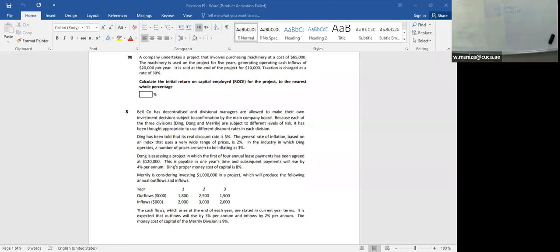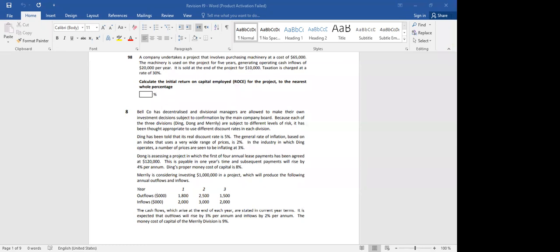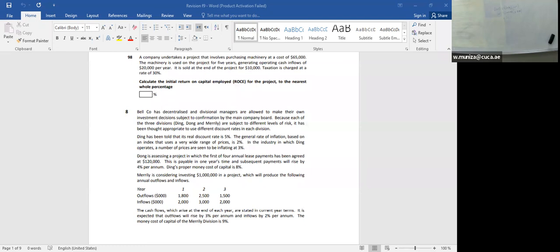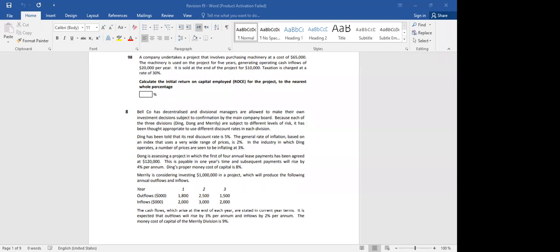But Angelica, they have given us the money cost of capital as 8%, and in the last line you can see that the cost of capital for Merrily division is 9%. So why have you used 8% only? Because 9 is for Merrily. It is for Merrily. So you have to consider as per the investment project in which you are investing, not for our own division.